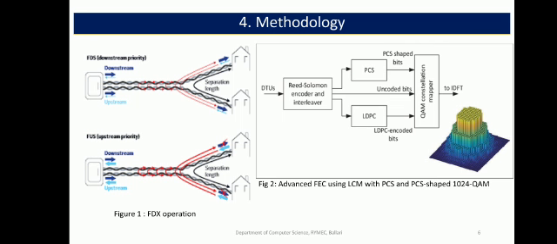In figure 2, we can see the RS encoder that takes the data from the data transfer units and gives it to the probabilistic constellation shaping, that is the PCS, and the LDPC. LDPC is low density parity check.